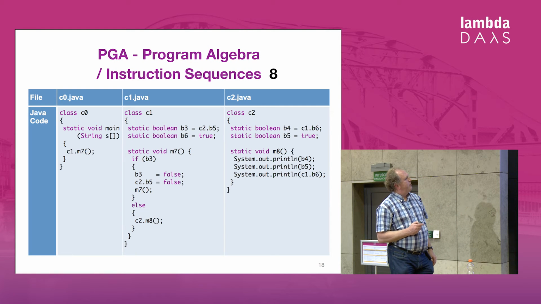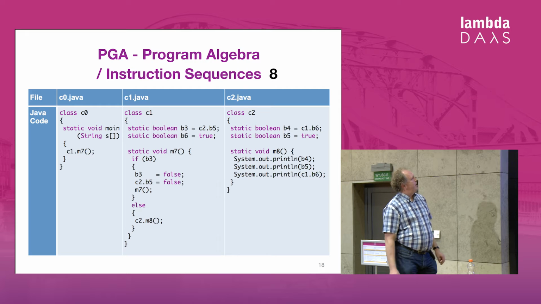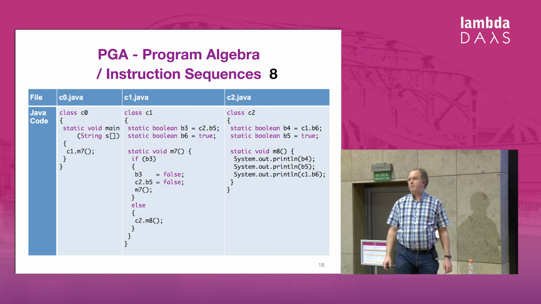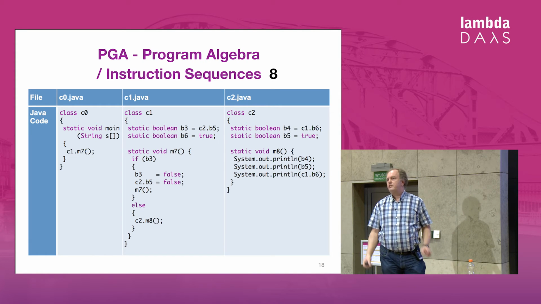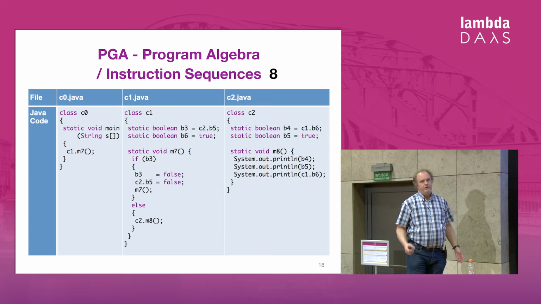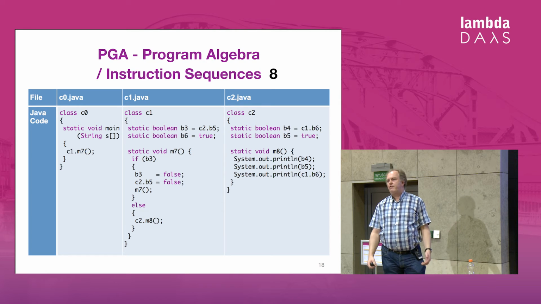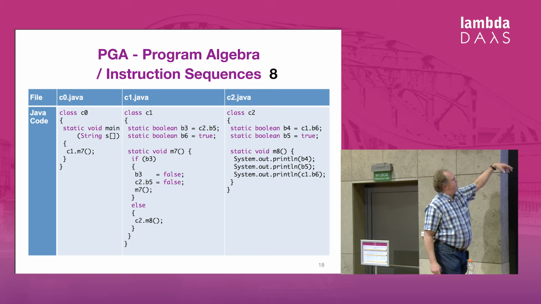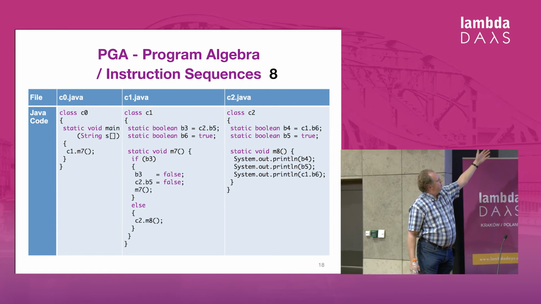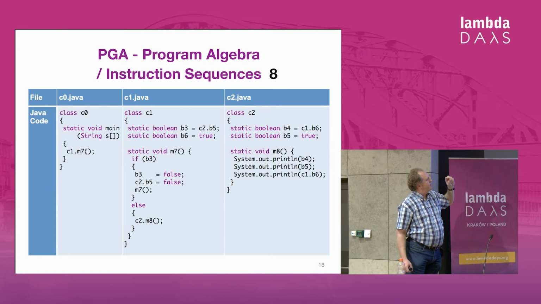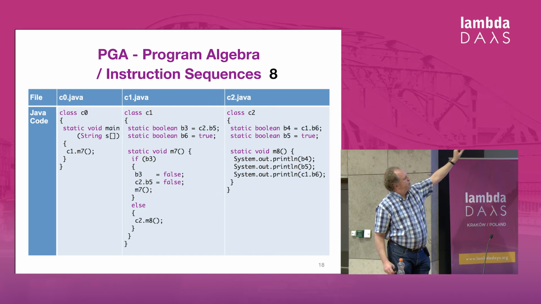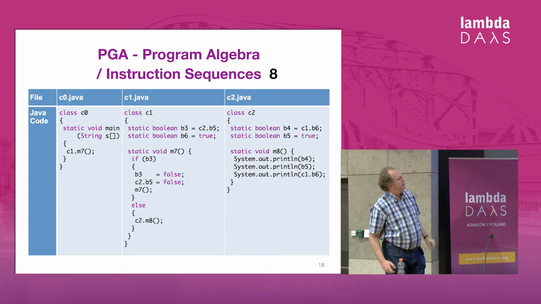And what can you do with this? For instance, if you have 3 Java class source files, what happens when you are doing strange things with static variables? Now, the first file says we have a main program, and it calls a method in the second file. And the second file has 2 static variables, and a third as well.